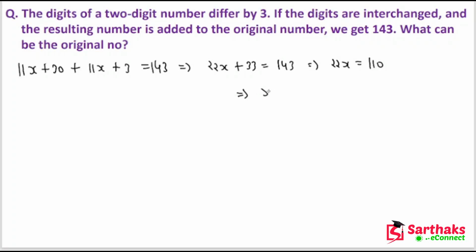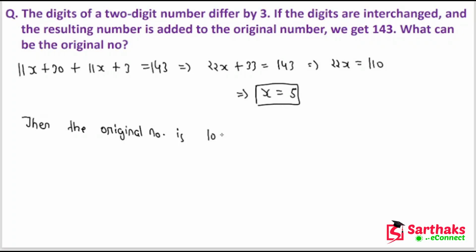Dividing both sides by 22, we will get 110 upon 22, which will give us x equals 5. So if x equals 5, then what is the number? Then we just have to find the original number. You can see x was the unit digit and x plus 3 was the 10th digit.